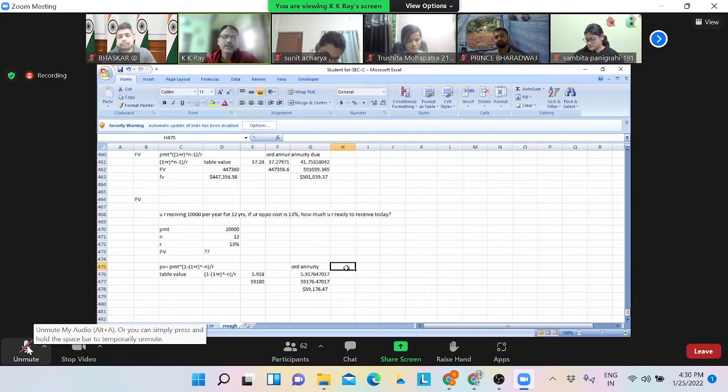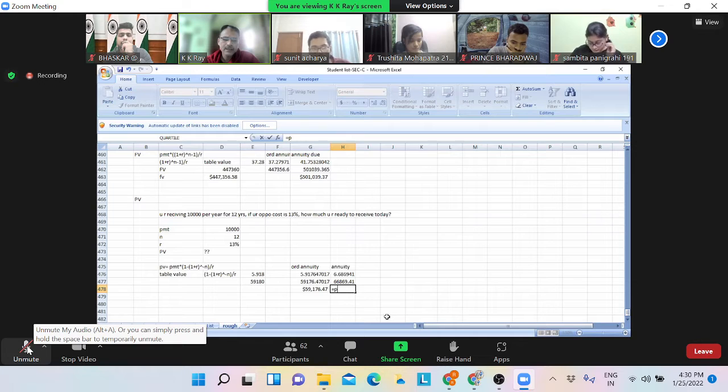And in annuity due, the value will be how much? Simply multiply with 1 plus R. So this table value multiplied by 1 plus R, and that multiplied with this one. If that is the beginning of the year, then the amount will be 66,869.41.